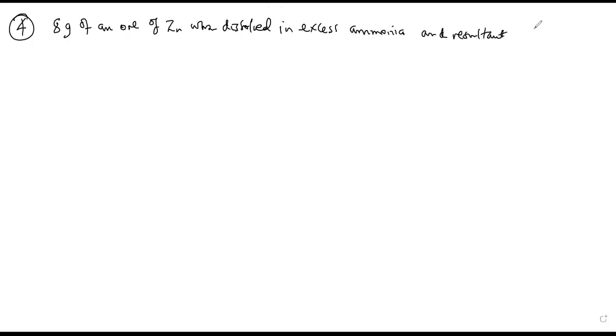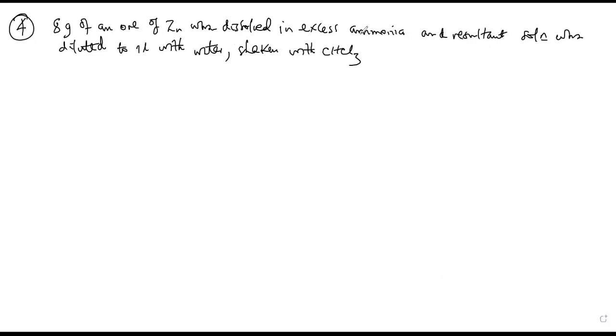8 grams of an ore of zinc was dissolved in excess ammonia and the resultant solution was diluted to 1 liter with water, shaken with trichloromethane and left to settle.